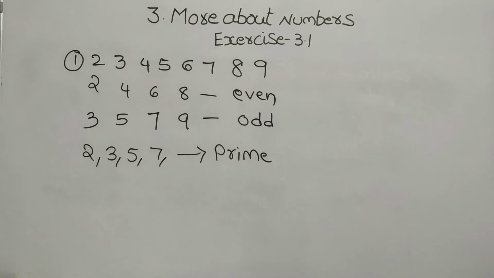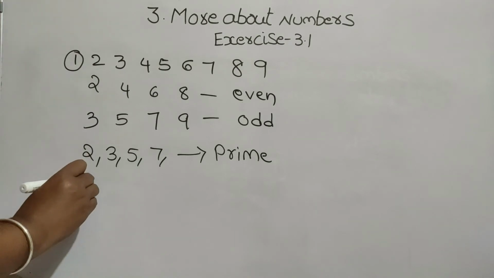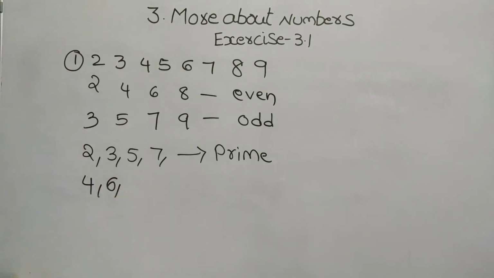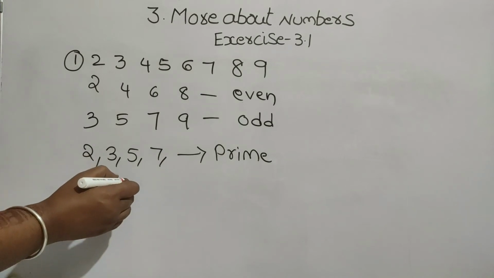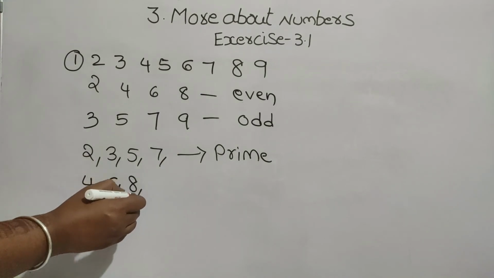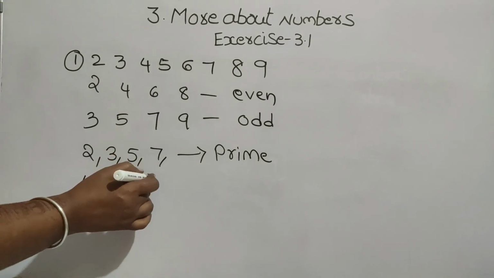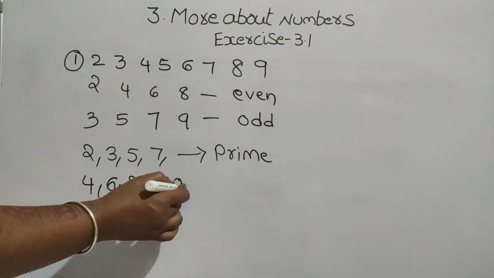Which is the smallest composite odd number they asked. We need to find out what the composite numbers are. We have 4, 6, 8, 9, 10.